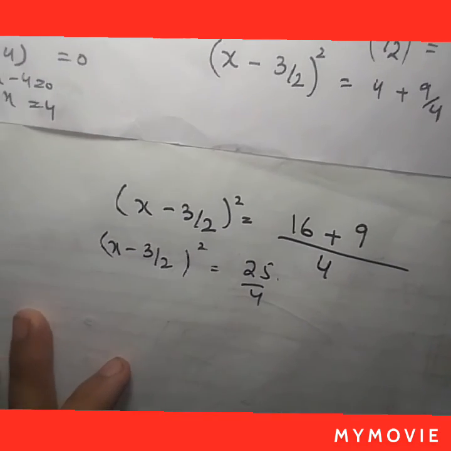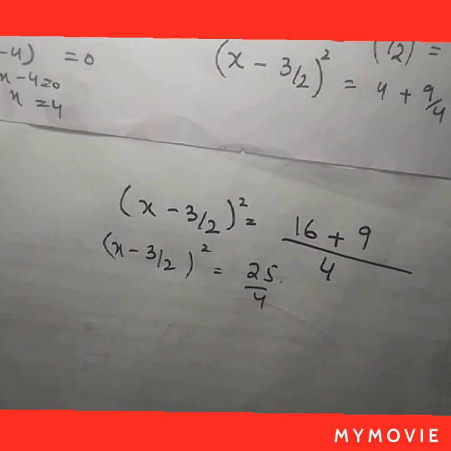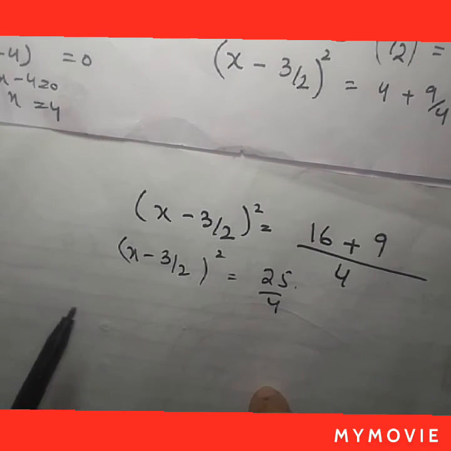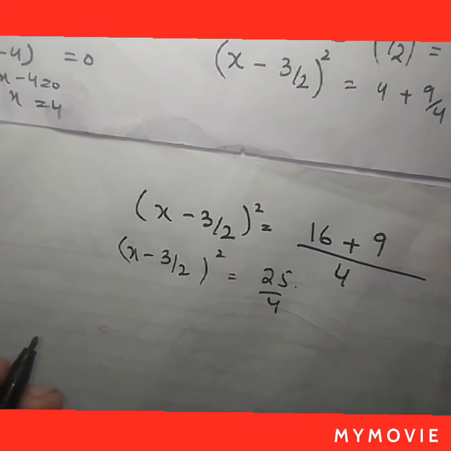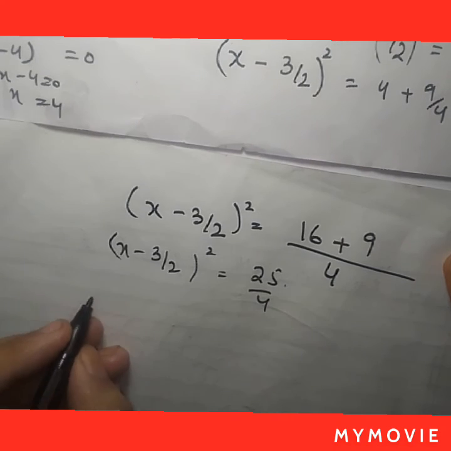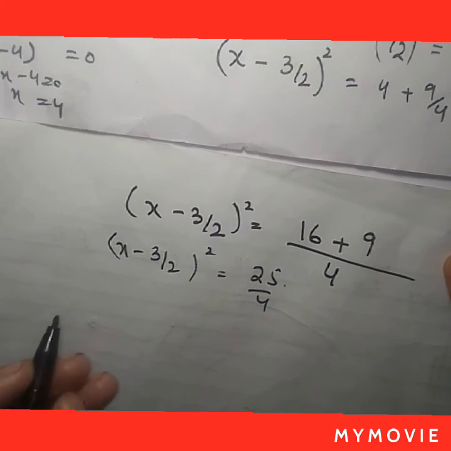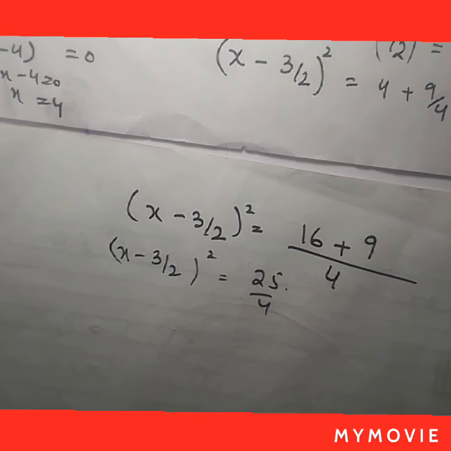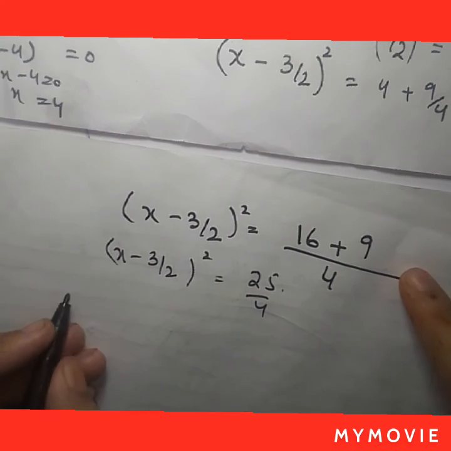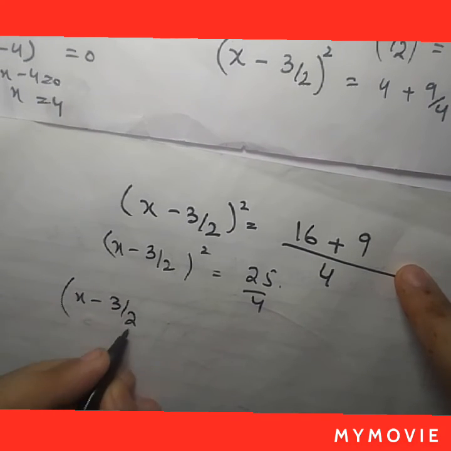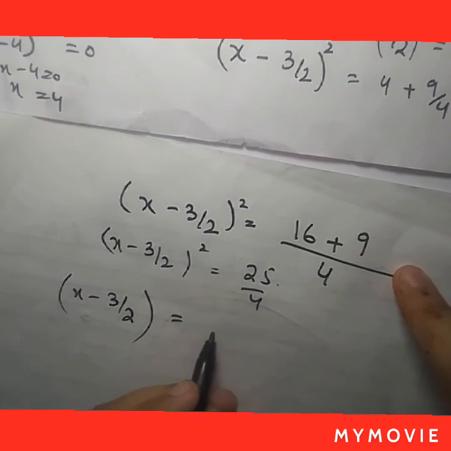Completing the square says that now we take the square root on both sides, because we have to remove the square to find the value of x. Taking the square root on both sides, we get x minus 3 by 2 equals plus or minus 5 by 2.